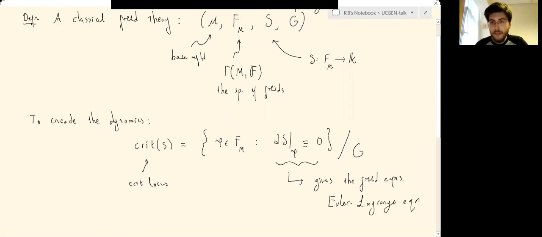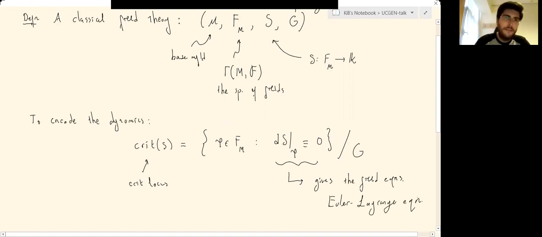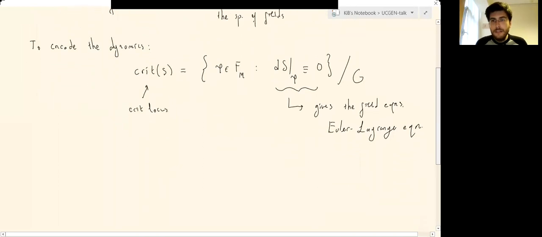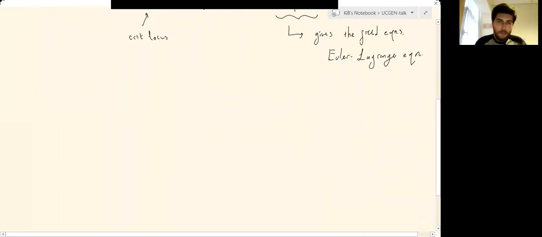And this formalism is sometimes called the Lagrangian formalism. So this is more or less the basic data, very roughly speaking. When you define a theory, you need a framework like this.